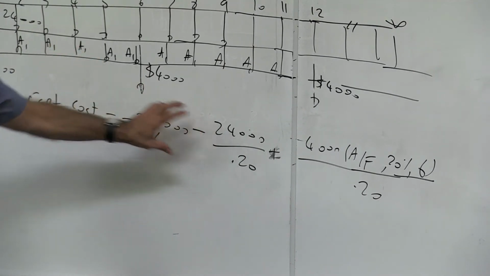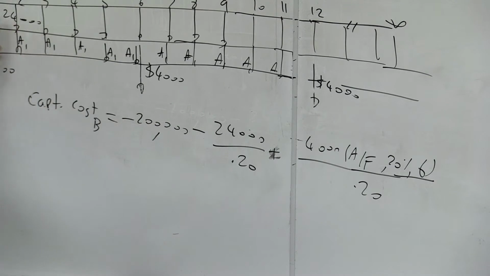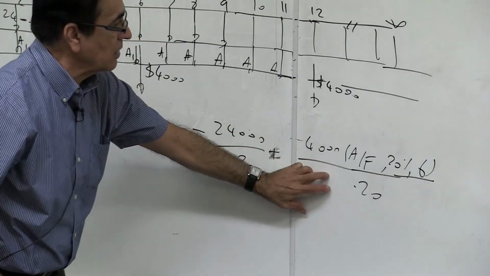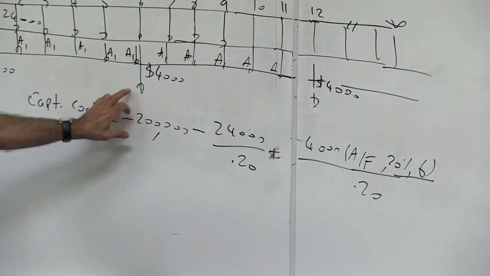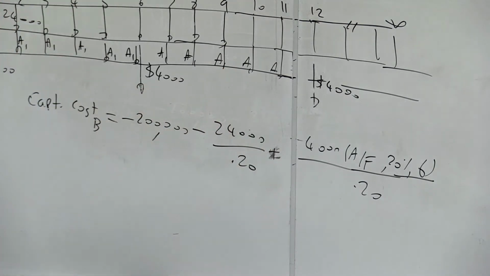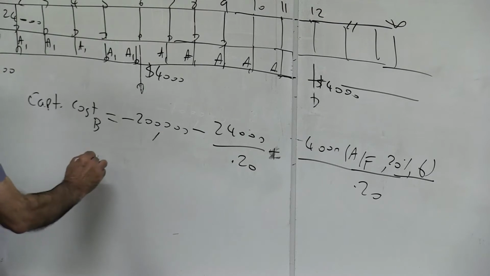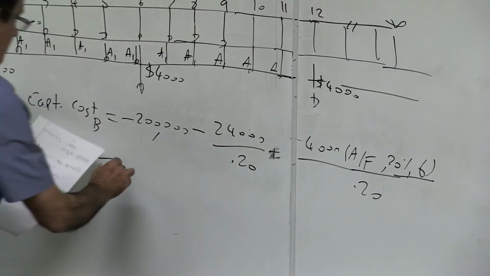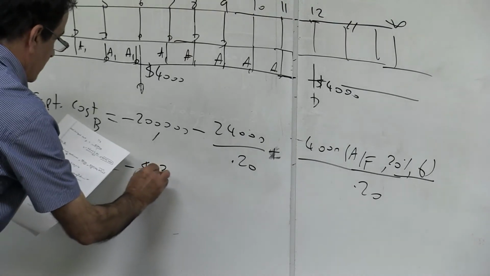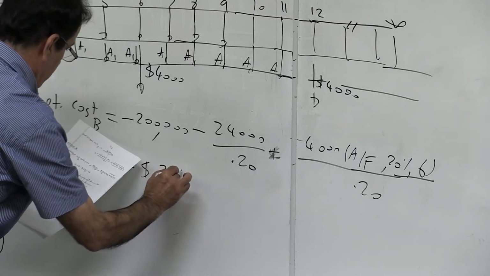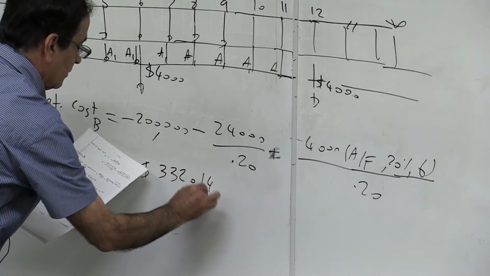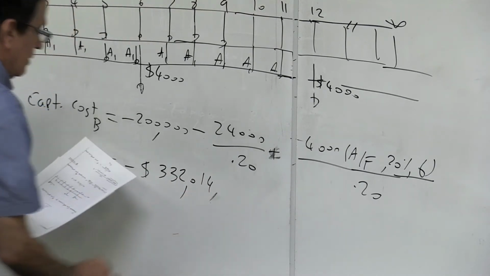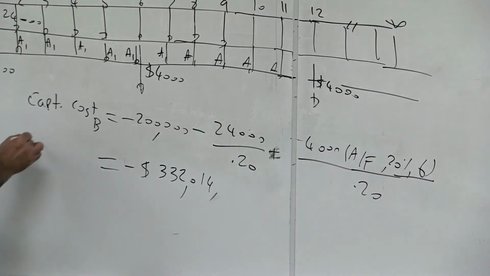The second one is the capitalized cost associated with the annual cost. And the third part is the capitalized cost associated with the 4,000 every 6 years to infinity. So now we have the capitalized cost for this alternative. It is going to be negative 332,000.